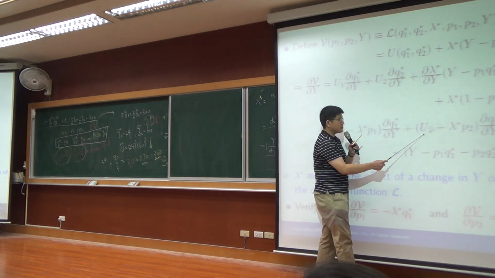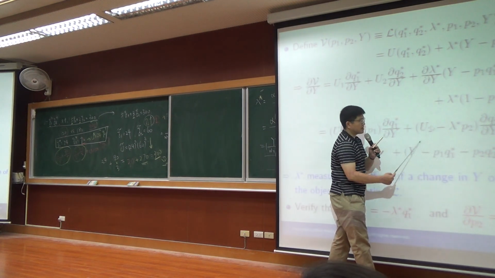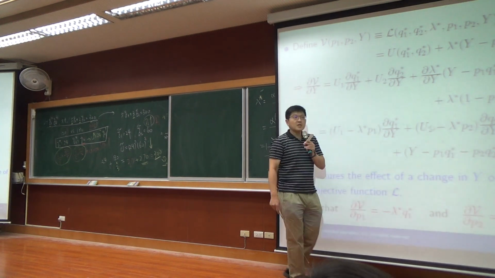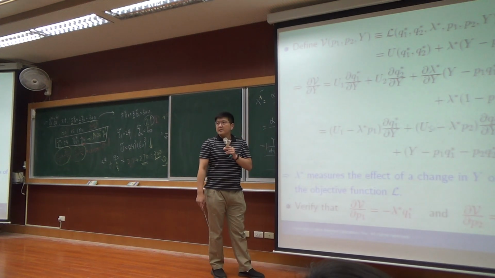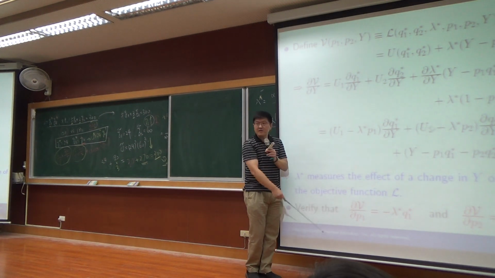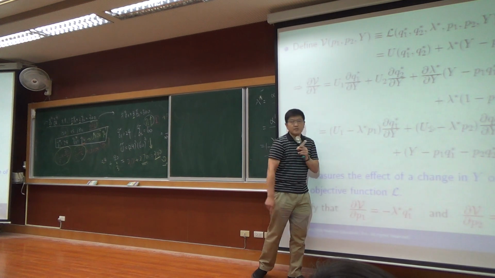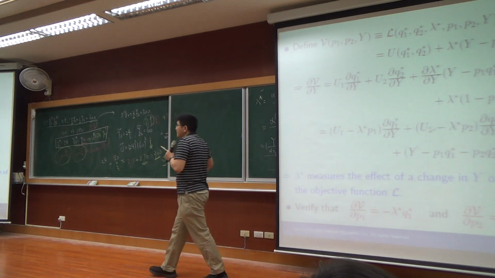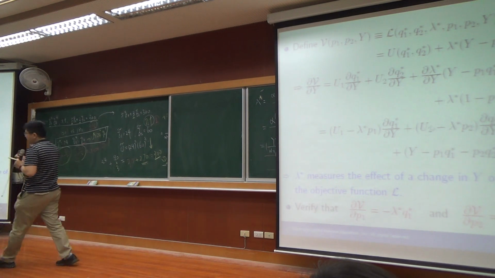Another first order condition is 0. The first order condition is 0. So we have lambda star left. By the same logic, you may derive this to get the result. Not too difficult. Okay? So check by yourself.